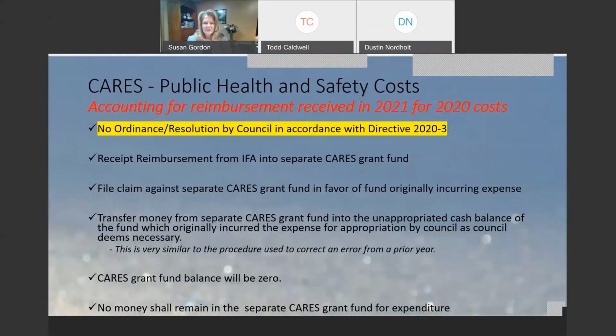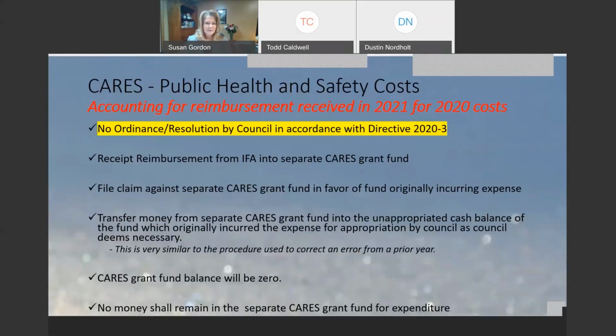And then you're going to transfer the money from the CARES grant fund to the unappropriated cash balance of the fund which originally incurred the expense. Then council can appropriate that as they deem necessary. This is treated very similarly to how you correct an error from a prior year. The CARES grant fund balance will be zero and no money will remain in that CARES grant fund.